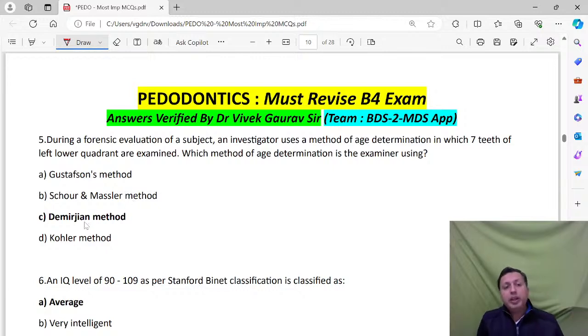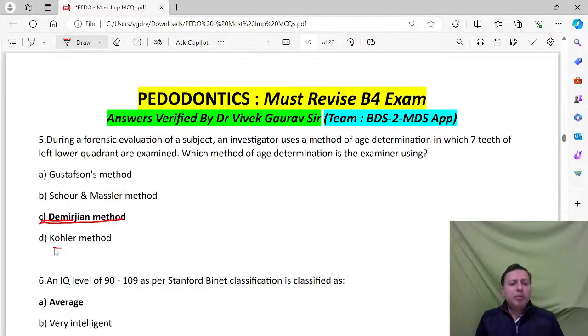In the Demerjen method we study the 7 teeth in the mandible from the incisor to the second molar, checking the calcification pattern, whether clinically or radiographically. So the method the question is asking about is the Demerjen method.